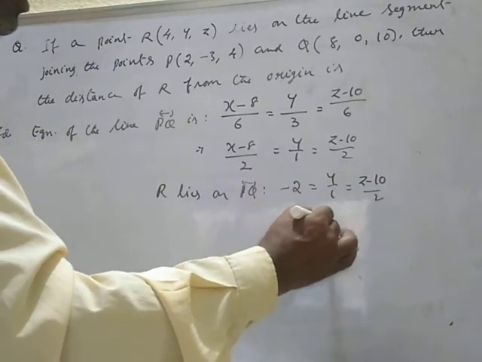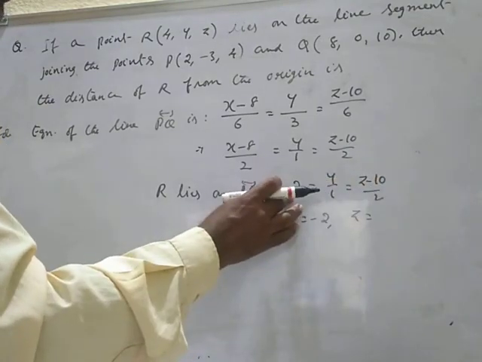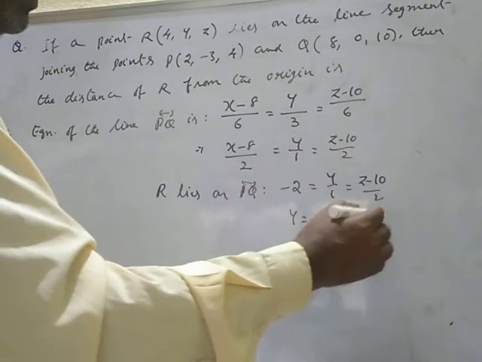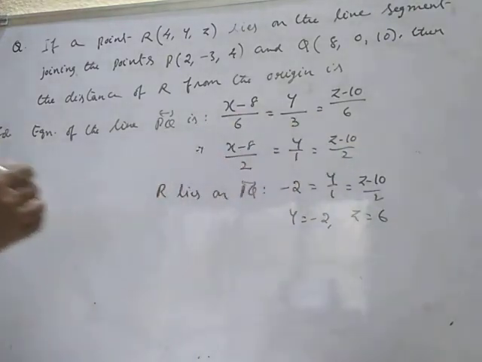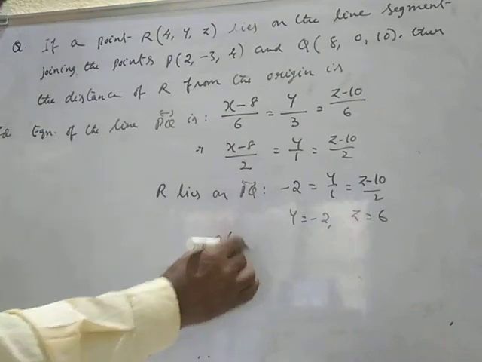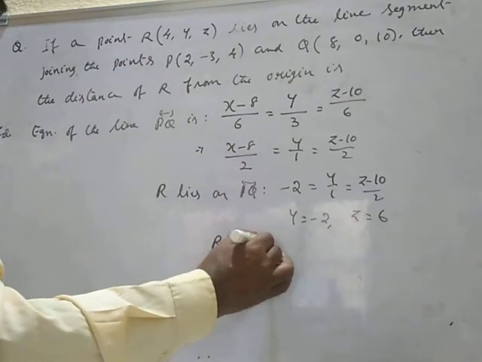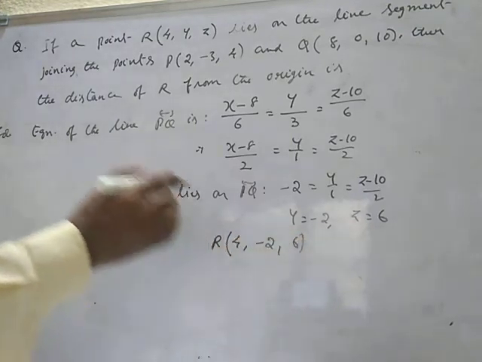So y is equal to minus 2 and z is equal to 2 into minus 4 plus 10, which is 6. We get y is equal to minus 2 and z is equal to 6. Therefore, the point R is (4, minus 2, 6).